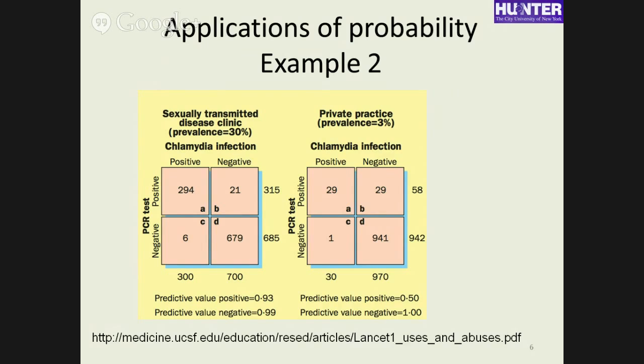So you notice that that's kind of subtly distinct from the information I gave you at first, which was, if you have the disease, what's the probability that the test tells you you have it? Instead, this is, okay, the test tells you you have it, what's the probability that you actually do? And the thing that this article is pointing out and emphasizing is that that depends on the population and on the prevalence in the population.